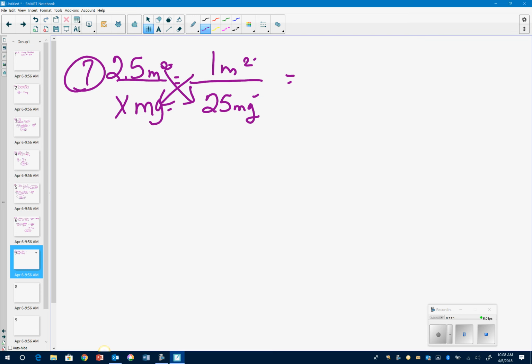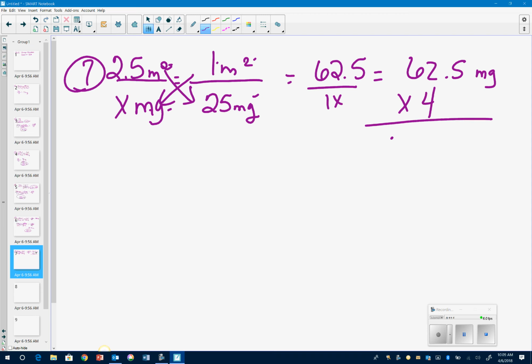Cross multiply. 1 times x always goes on the bottom, 1x. 2.5 times 25 is 62.5. So it's 62.5 milligrams. But it's for 4 days, so you're going to multiply that by 4. And it comes out to be 250 milligrams for the daily dose.